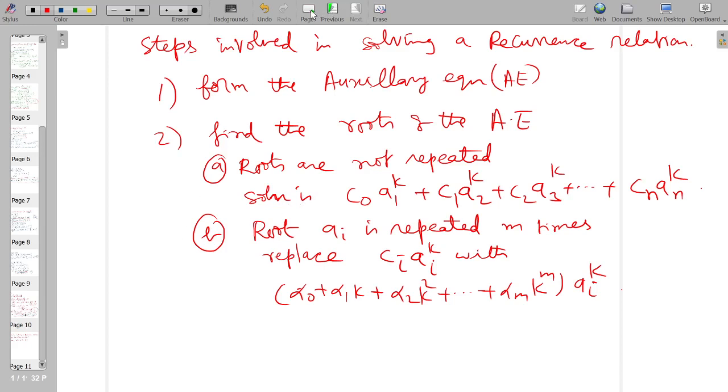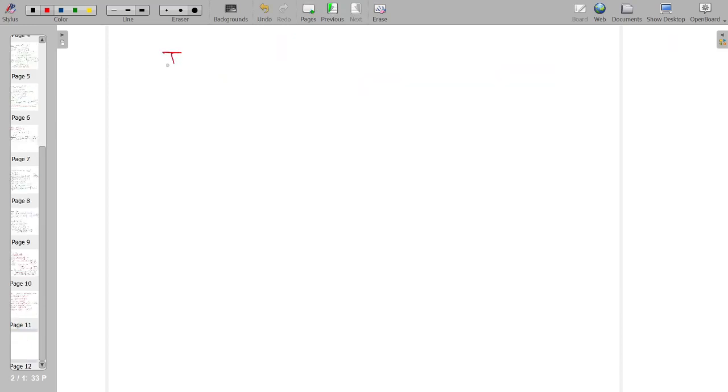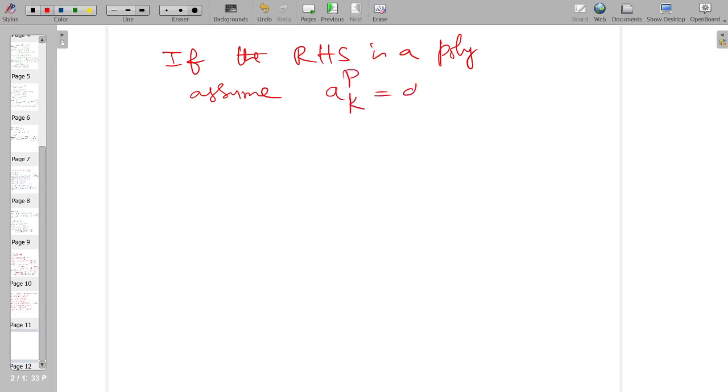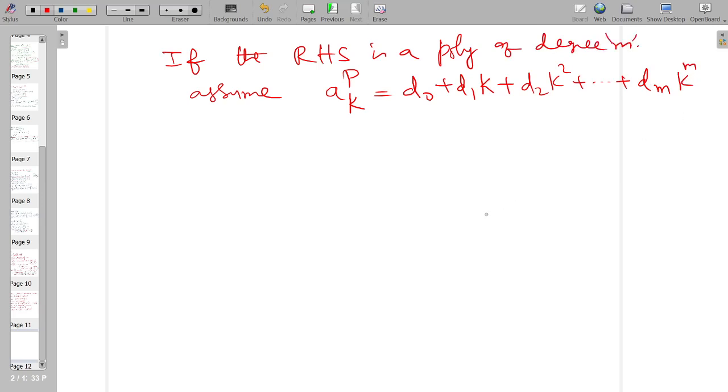The next one: if the right hand side is a polynomial of degree m, assume a k p as d naught plus d1 k plus d2 k squared plus so on plus dm k power m.